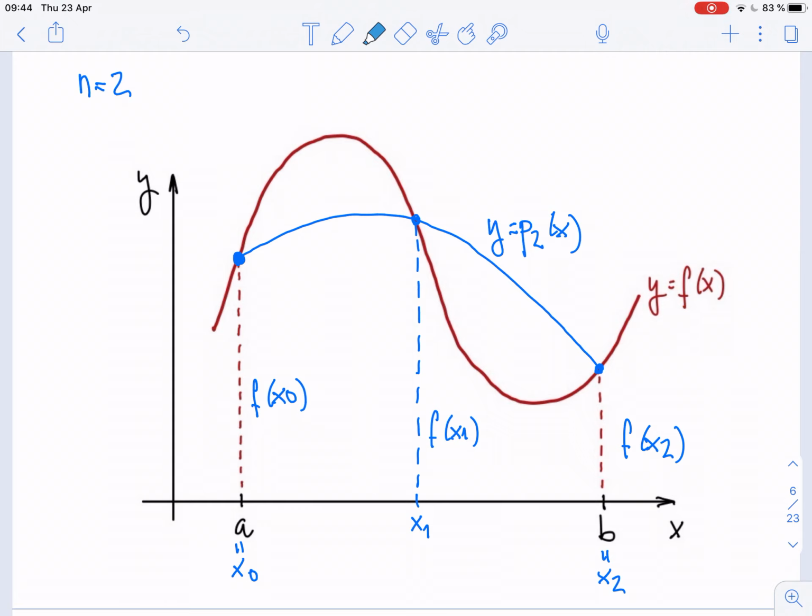And please note that although p2 is a poor approximation to f, the areas may be quite similar because there can be compensation between this negative area here and this positive area here.